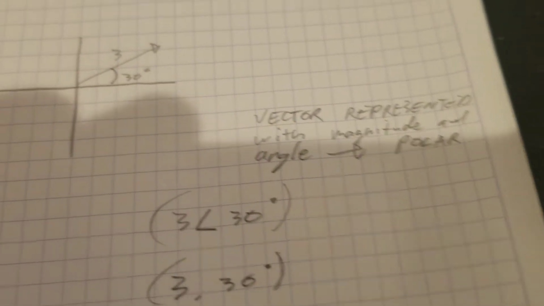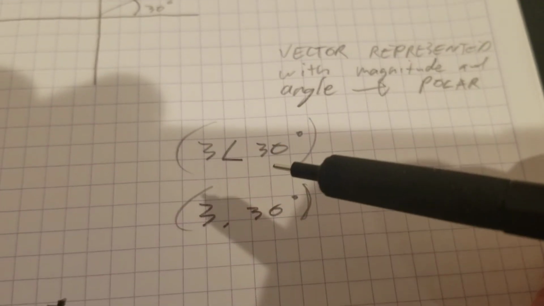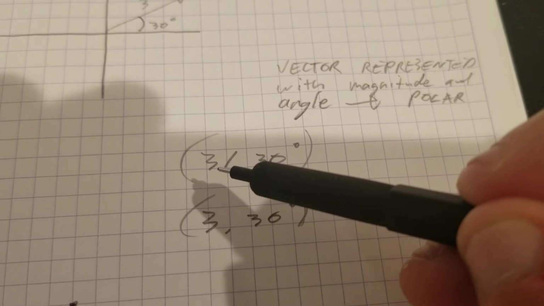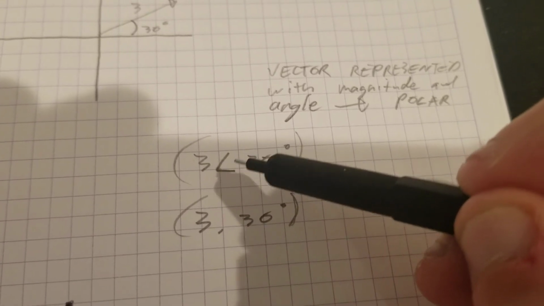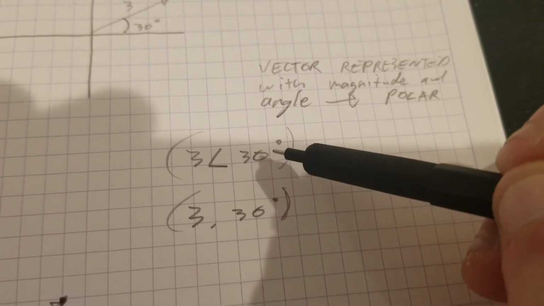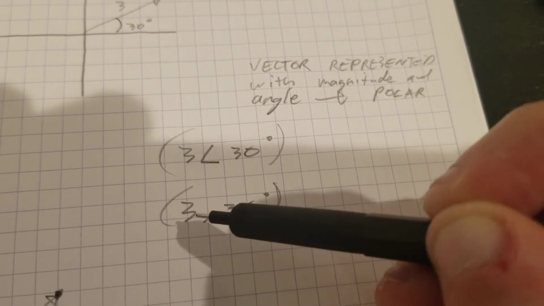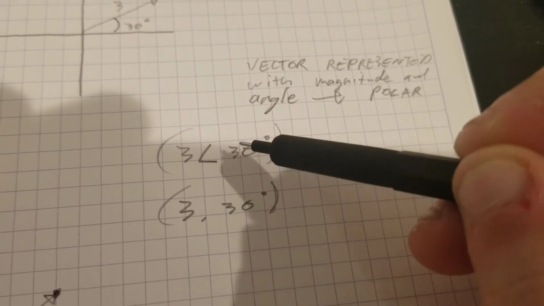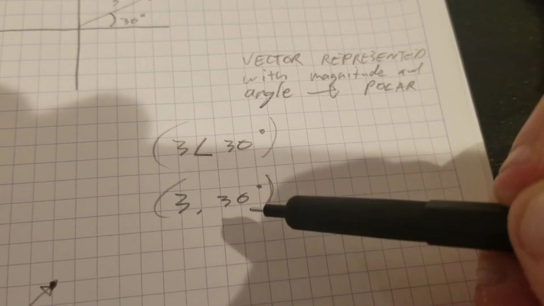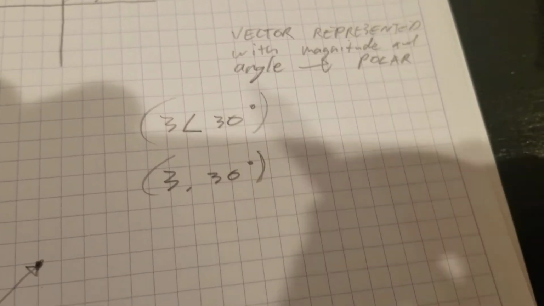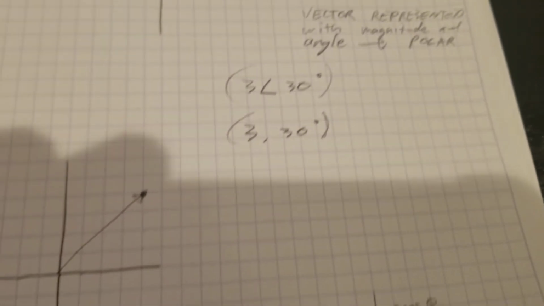Just really quick, you might see them like this, with your magnitude, then this little angle symbol, then your angle measurement, or you might see it just like this. I think it's like this in our book. You could see it in either representation.